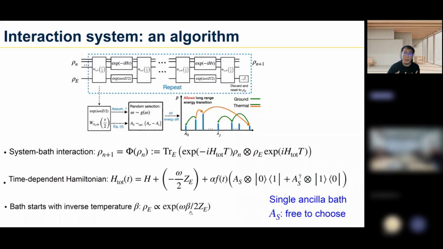This setup is very intuitive. Essentially, in my open quantum system, I try to fix the temperature of my fridge. Then the temperature of my system will naturally converge to the temperature of my fridge. So this is basically how I choose my time-dependent Hamiltonian and the bus density operator.